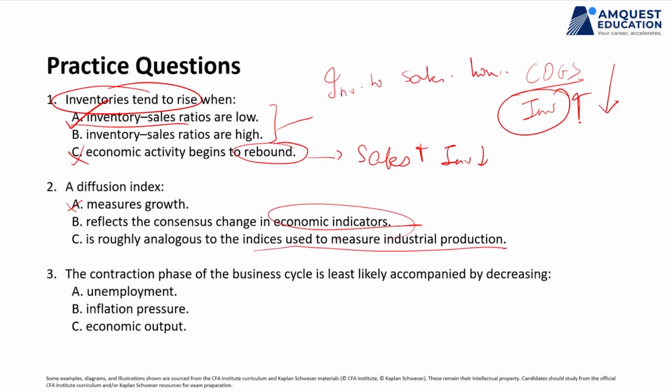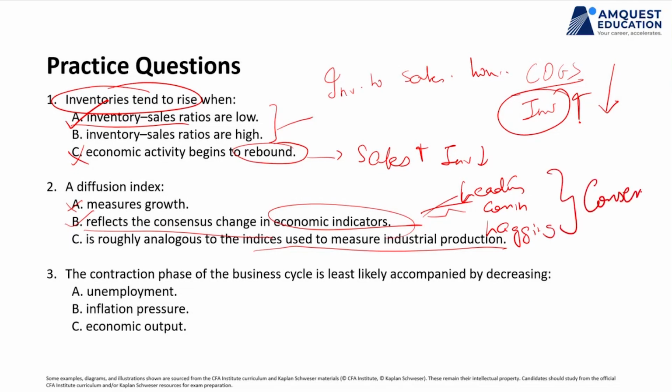It reflects the consensus change in the indicators by looking at the leading, the coincident, and the lagging. Correct? It takes a consensus of all these indicators and finds out what is the direction of the economy. What consensus are these 3 indicators showing to you? Clear?